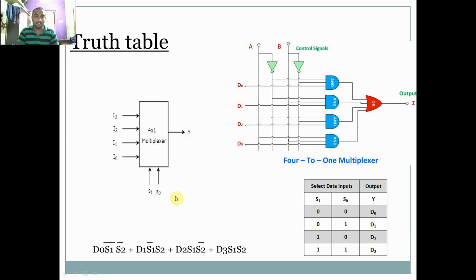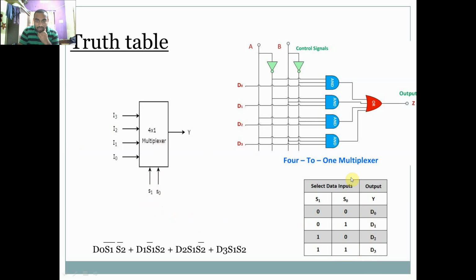According to this truth table, if S1 is equal to 0 and S0 is equal to 0, we will get the input D0. If S1 is equal to 0 and S0 is equal to 1, we will get D1. If S1 is equal to 1 and S0 is equal to 0, we will get D2. If both are 1, we will get D3.